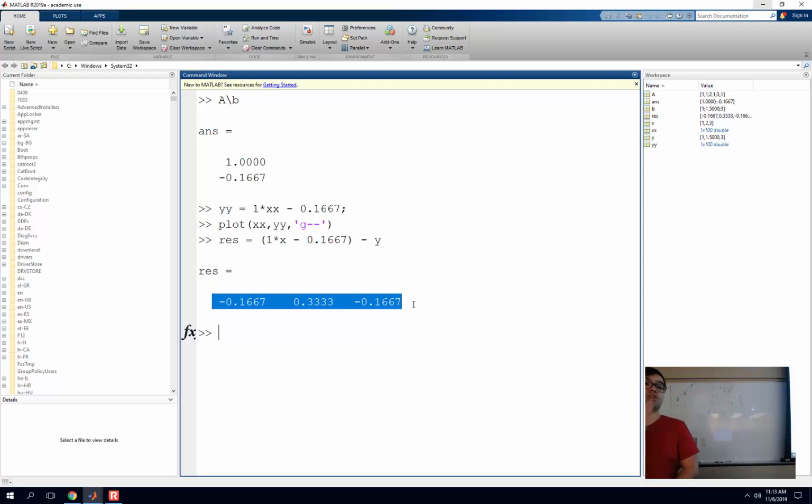If you have a residual of 0, that's the best case scenario. I'm going through all the points. So if my residuals are 0, mean of residuals 0, square root of 0 is 0. So the best value for RMSE is 0.